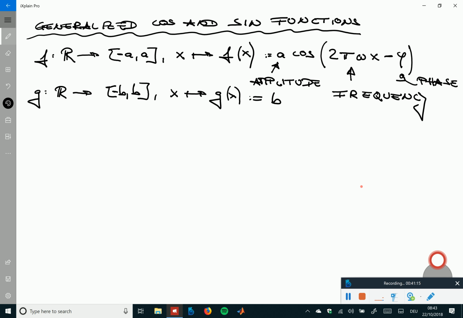Here with a b that multiplies the sine, and then a 2 pi omega x, which again refers to something like frequency, and a phase term for which I use the other phi, just because.